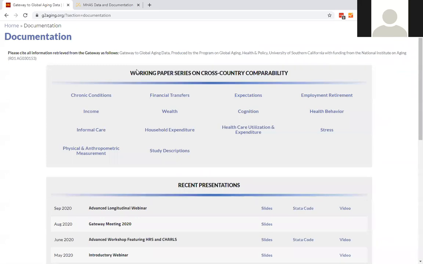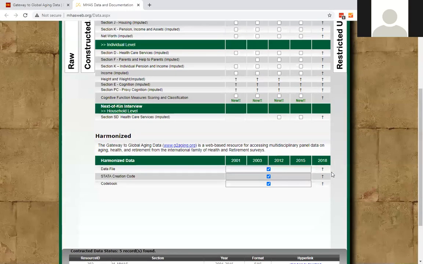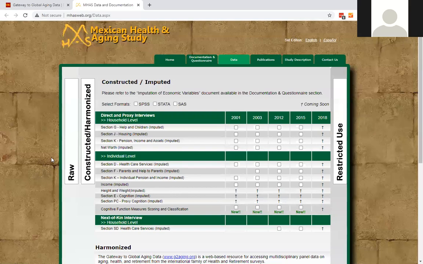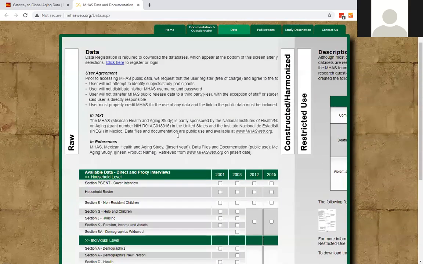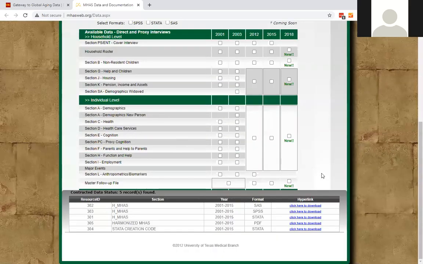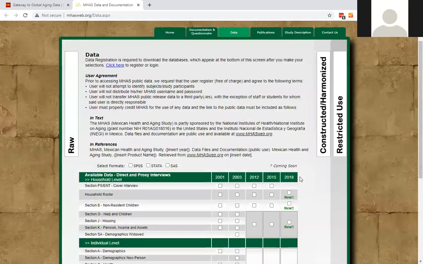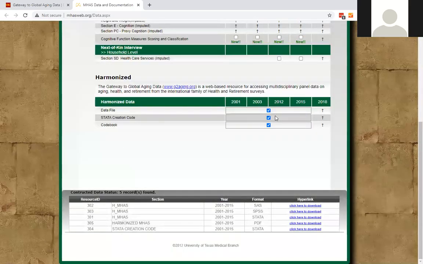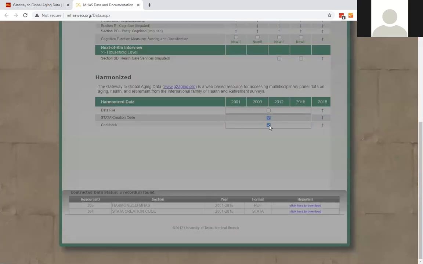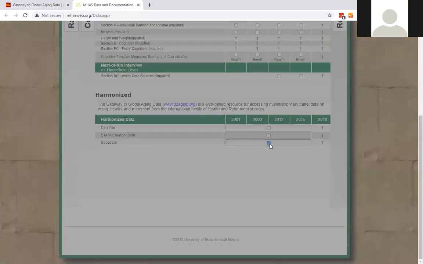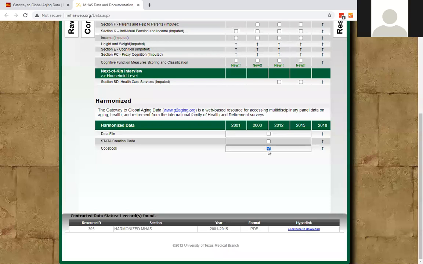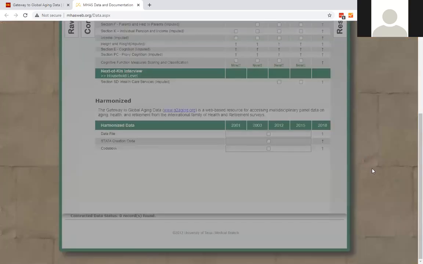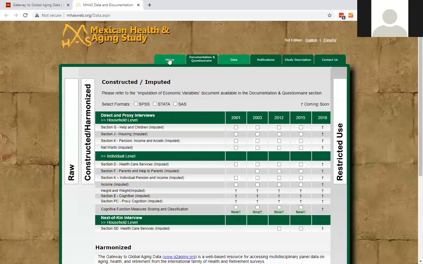If we go back to the MHAS website, the MexCog data is available to download, I believe, and we are developing a harmonized MexCog, which will be really comparable.